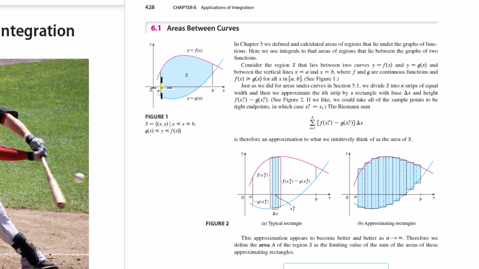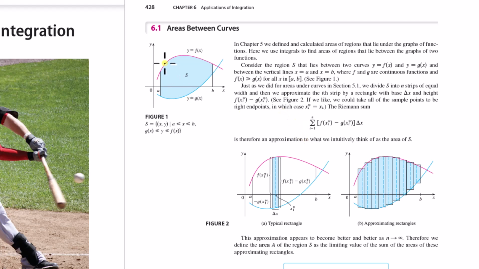You take that x value within the strip, evaluate f of x there, and subtract g of x evaluated at that value. That's the height of each strip; when I say height, you multiply delta x times that value. Okay, and with that, we can write the Riemann sum.